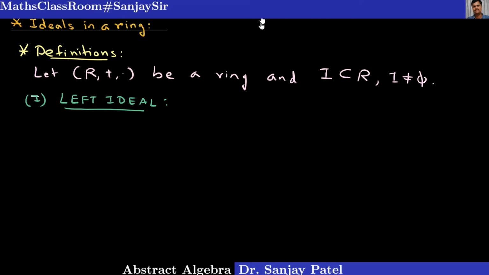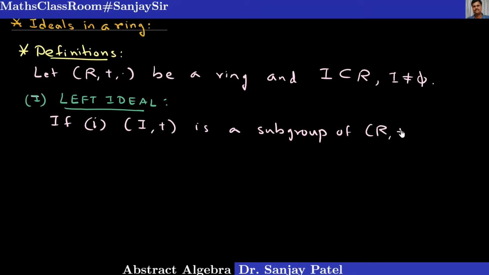So if the set I, which we have taken here, is a subgroup of the group R plus, that is, if I comma plus is a subgroup of the group R with respect to the operation of addition.